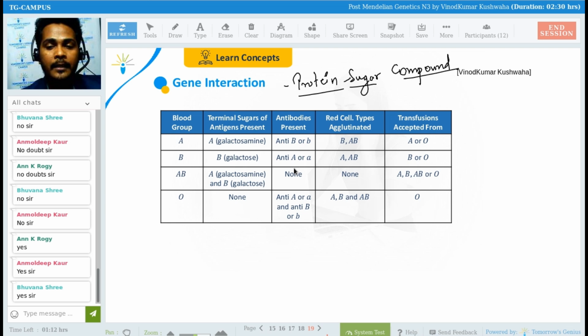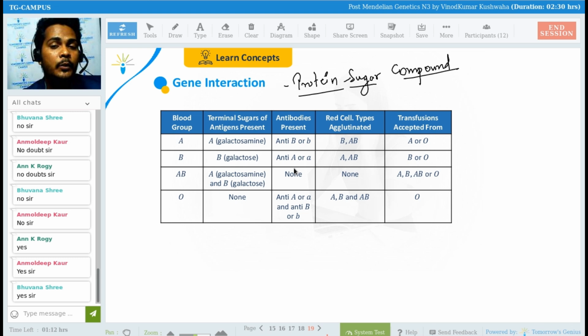It is a protein sugar compound. So according to Cabot and Watkin, what is Cabot and Watkin? This is the name of the scientist or researcher.